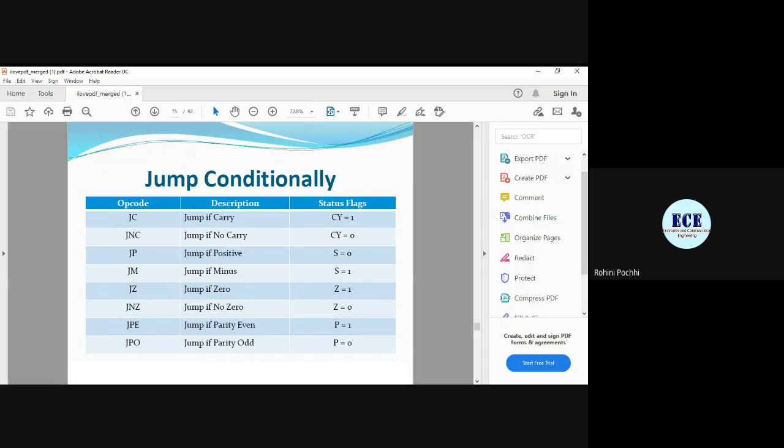JP means jump if positive. JM means jump if minus. JZ is jump if zero. JNZ is jump if not zero. JPE means jump if parity is even. JPO means jump if parity is odd.